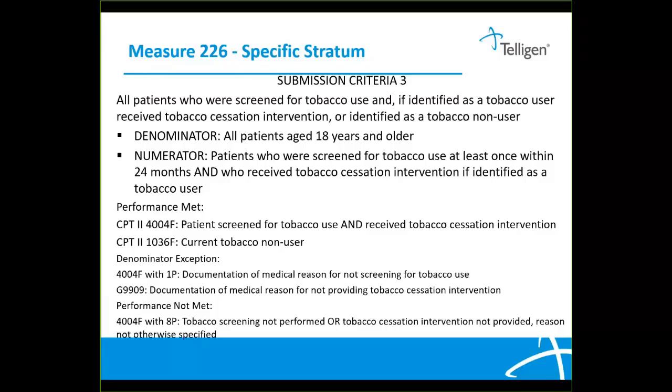You also want to add 1036F. So that's where I think it gets a little confusing. And again, we have exceptions for the denominator if they weren't screened for medical reasons, or if you simply didn't meet it, then you would put the 4004F with a modifier of 8P. Again, confusing. That's why we're here to try and help you walk through this, but just to draw that one out for you.